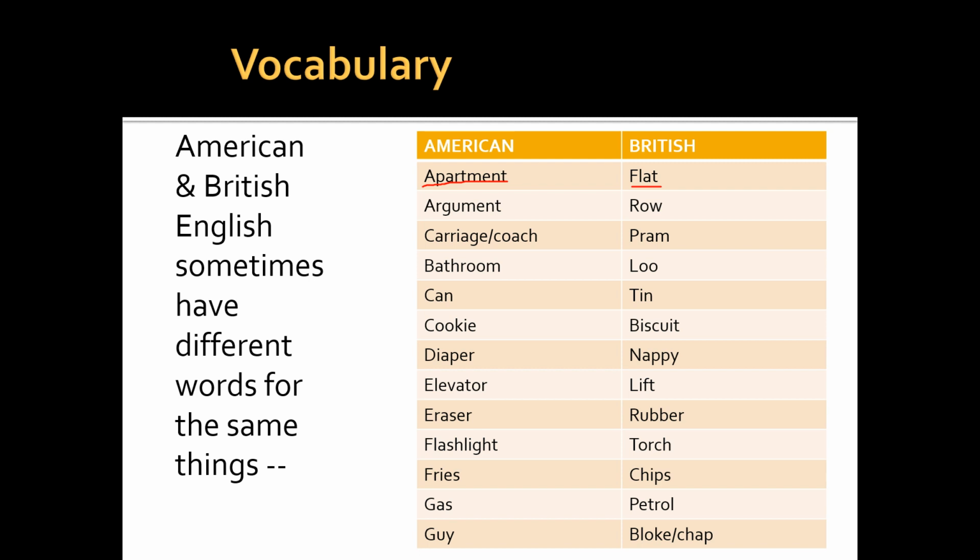In American English, they say argument, whereas in British English, they say row. In American English, they say carriage or coach, whereas in British English, they say pram. I'll link part 4 down below, and you can revise the vocabulary from the beginning, and we're going to move on.